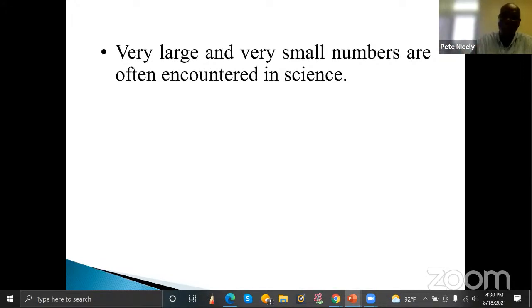For example, if you measure something small, like an atom, in terms of the size, then that would be a very, very small number, again, based on the units that you're going to use. And if you look at, for example, the number of molecules present in, let's say, 1 gram of water, that would be a very, very large number, right?